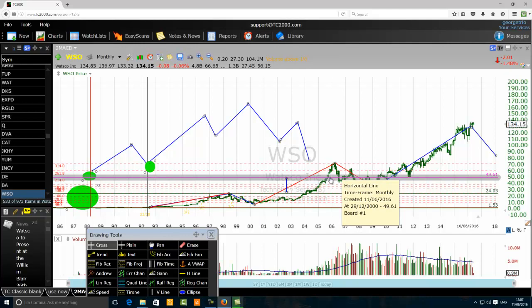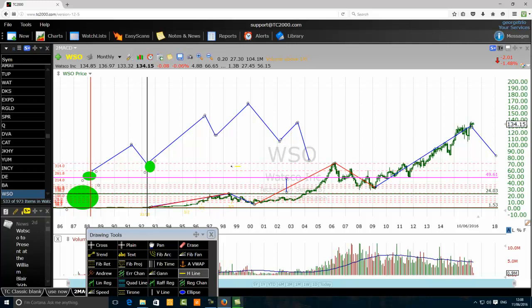So if it exceeds that 214% level, it means that the second cycle is being extended, is getting bigger than the first cycle. But then, how far can that second cycle go? That second cycle can go up to 314% Fibonacci extension level.